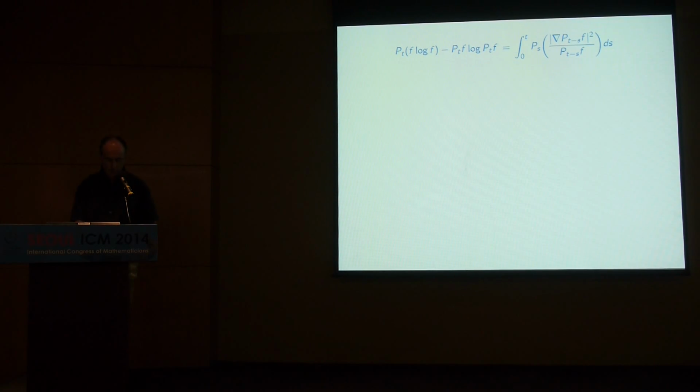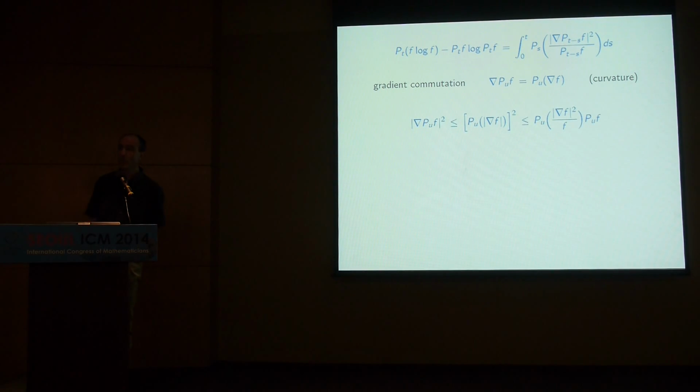Now the next step is very easy too. It is simply to observe that, on this basic example of the Euclidean heat semigroup, you have a commutation between the action of the gradient and the semigroup that we will interpret later on as a curvature condition, in this case a null, flat curvature. Using this commutation property and taking the Euclidean length in this inequality, by a simple use of the Cauchy-Schwarz inequality along the Markov kernel Pu, you get this upper bound.